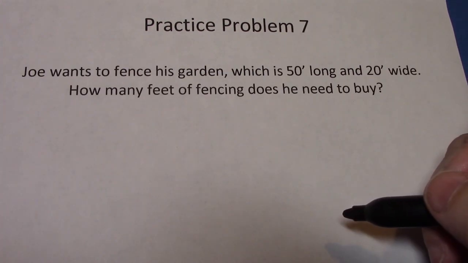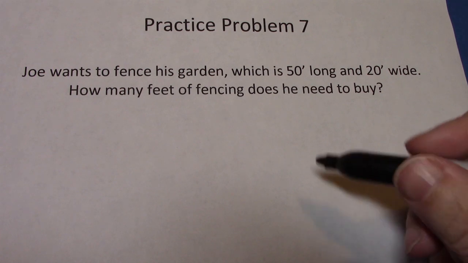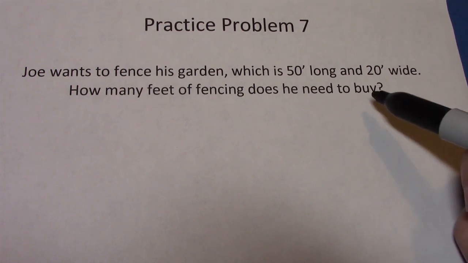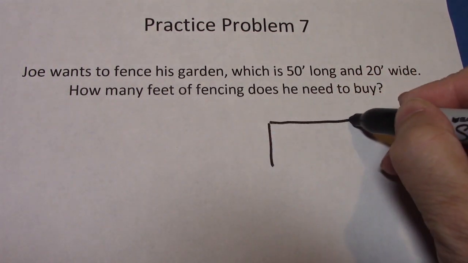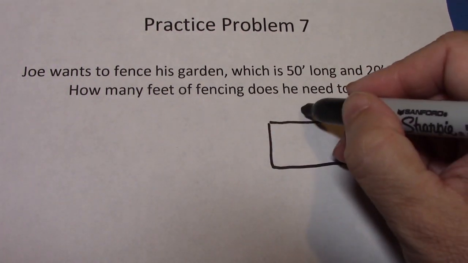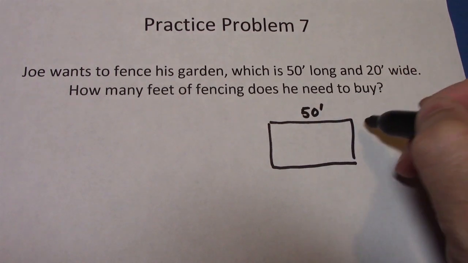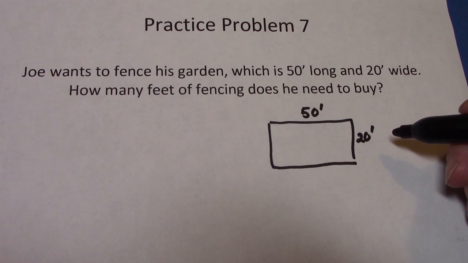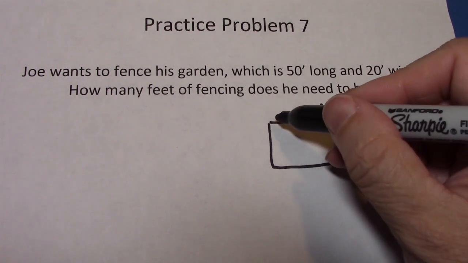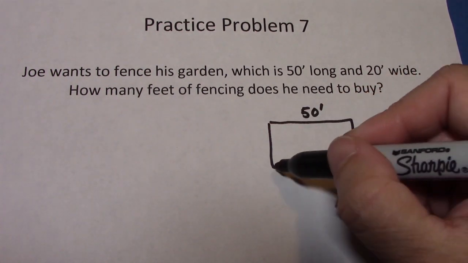Problem 7. Joe wants to fence his garden, which is 50 feet long and 20 feet wide. Let's make a little picture here. It sounds like a rectangle. 50 feet long and 20 feet wide. How much fencing does he need to buy? All right, so that means the outside is going to get the fence.